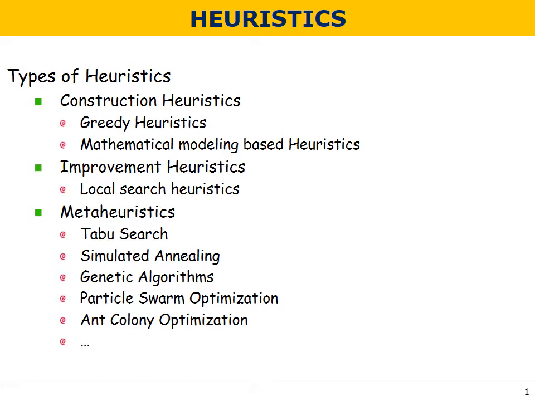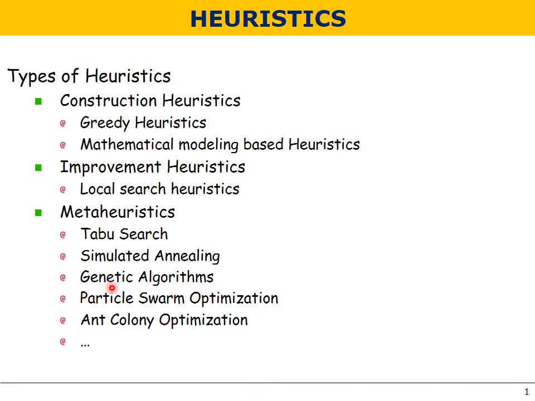Meta-heuristic algorithms usually are inspired from different phenomena, different applications, and different processes. It can be from nature. For example, one such algorithm is tabu search. It's a well-known meta-heuristic algorithm, and we will talk about it in detail. Also simulated annealing, which is inspired from the annealing process of metals.